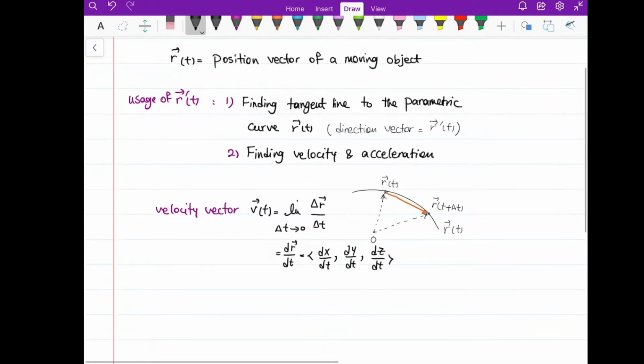But you notice that velocity is a vector, so it has a length and a direction. The length of the velocity vector is very famous, and it's called speed. Speed is the length of a vector, therefore it's a number, a scalar. But the velocity itself is a vector, so it has a direction.